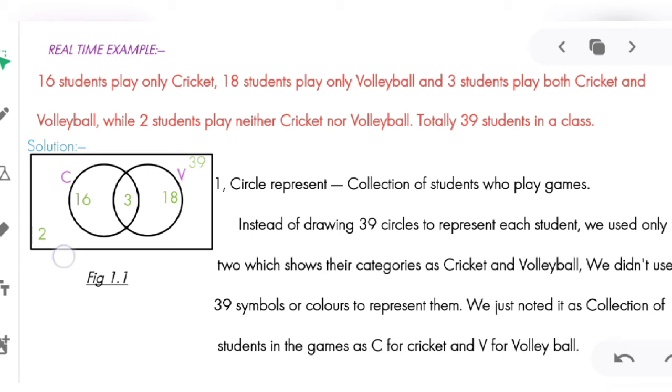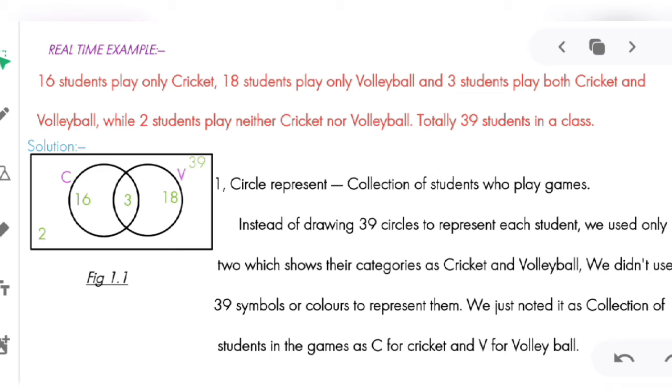So we have to note this as the students who never play cricket or volleyball. Now we have two collections here, cricket players and volleyball players. We have a collection of cricket players in our class and a collection of volleyball players in our class. So we have to note who play only cricket in our class.